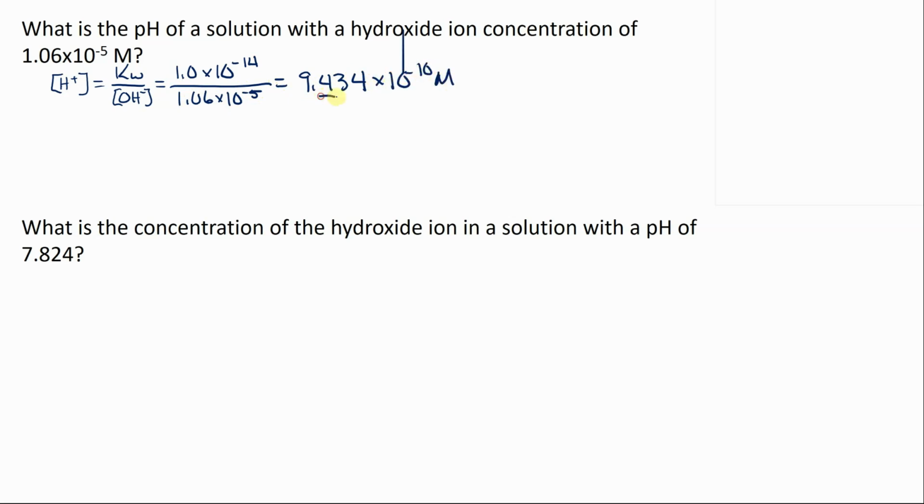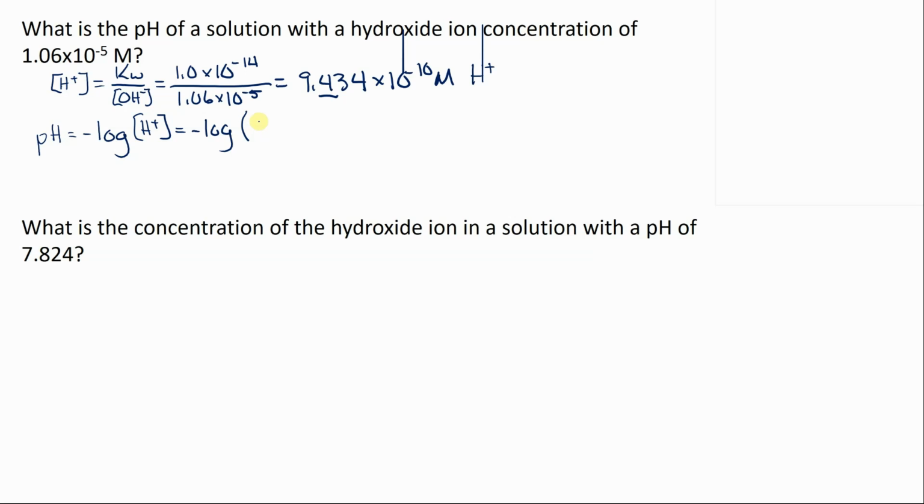Now I'm carrying 2 extra significant figures to avoid rounding errors. Remember, it's 2 sig figs from that 1.0, the Kw. Now that I have a concentration of H+, I can come along and do my pH calculation. My pH is the negative log of the concentration of that hydronium ion, H+. So negative log. And don't type it in your calculator again. Use the answer button. If you don't know how to do that, look it up.